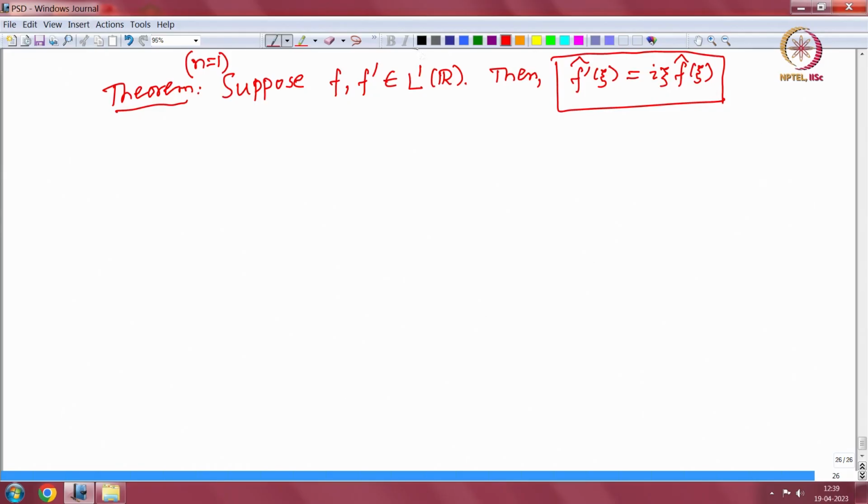So, in this course we are talking about several notions of derivatives. For the time being, this f prime means the almost everywhere definition.